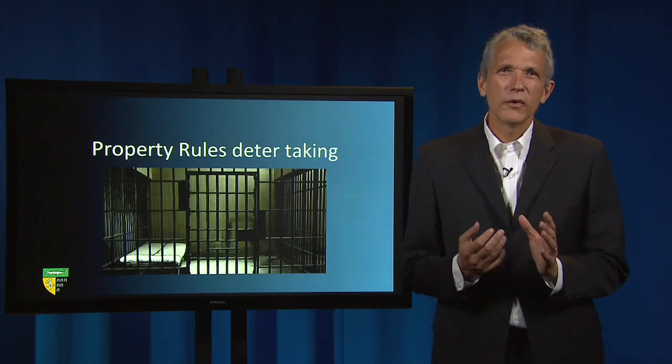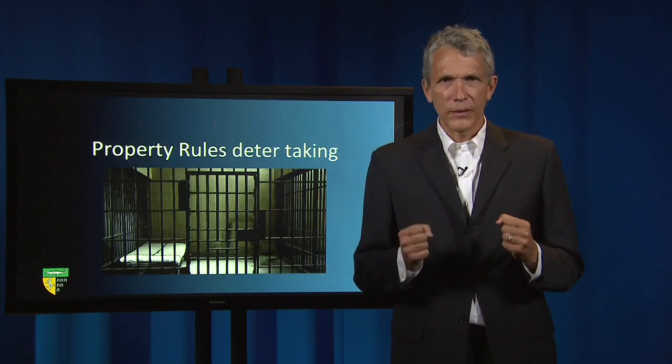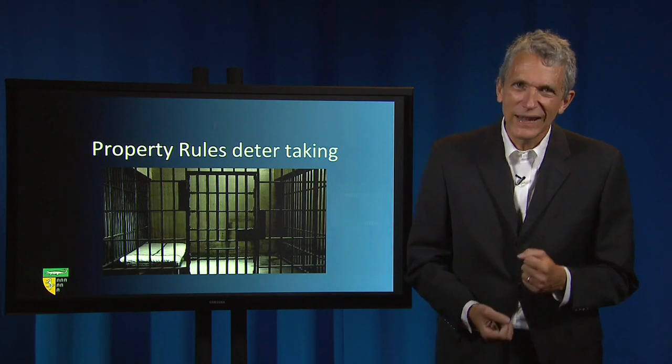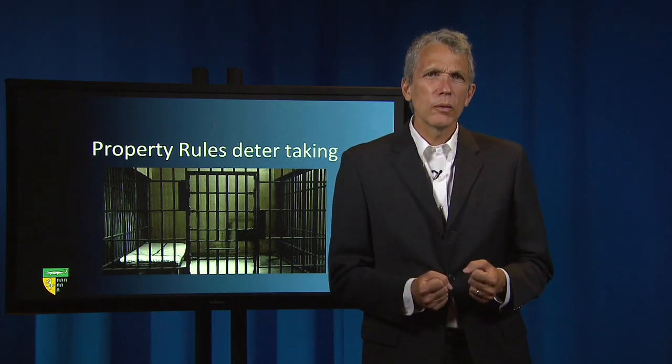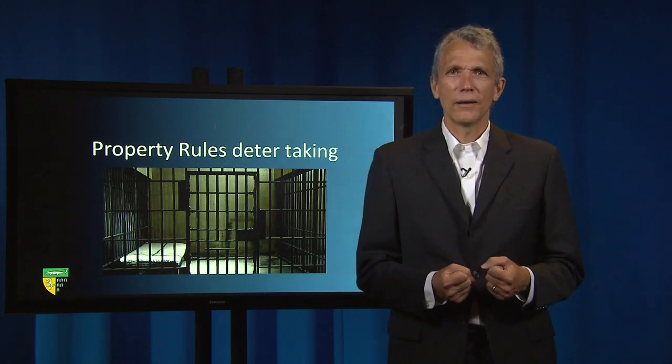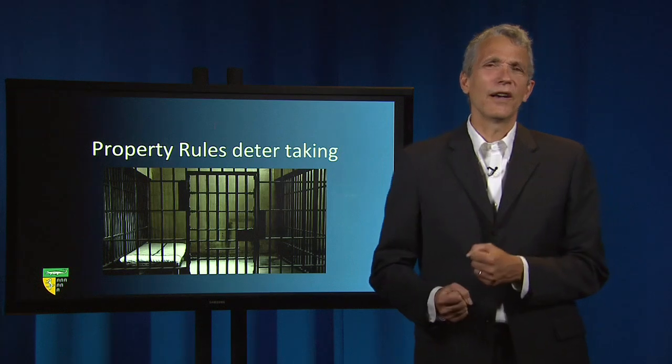Some entitlements are protected by strong property rules, which attempt to deter third parties from non-consensually taking the entitlement. Property rule protections are punitive in nature, often involving the threat of jail or supercompensatory punitive fines.